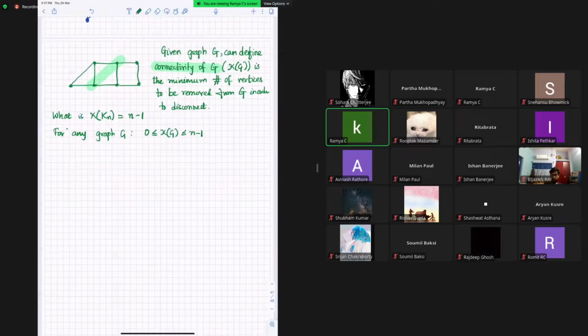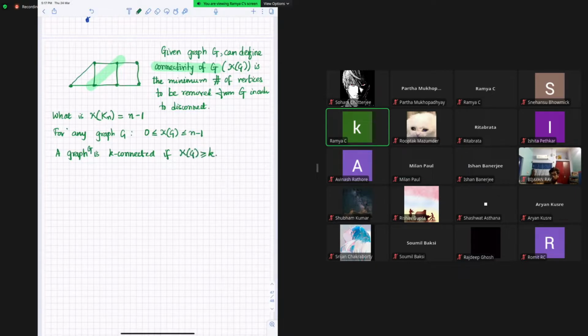And based on the connectivity, you can say that a graph is this much connected, right? So what you can say is a graph is k connected if you have to remove at least k vertices in order to disconnect the graph. So kappa of G is at least k.